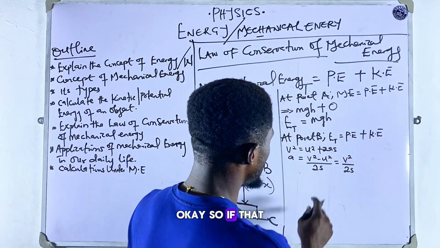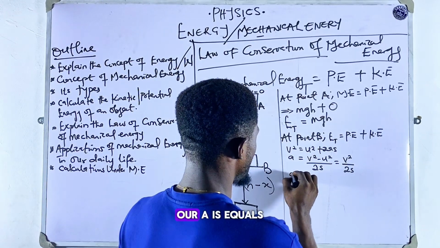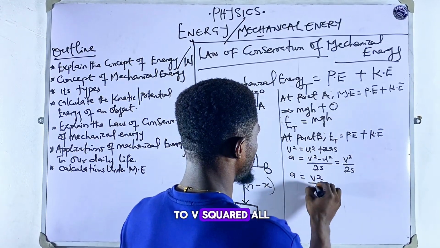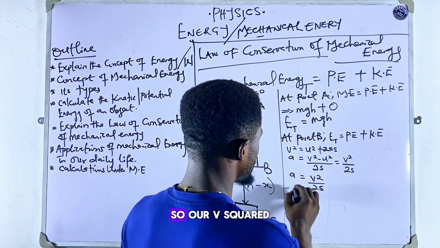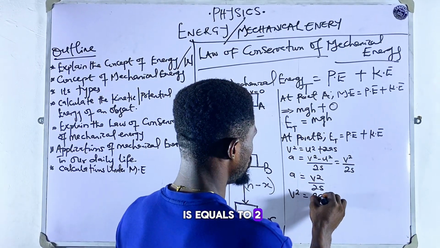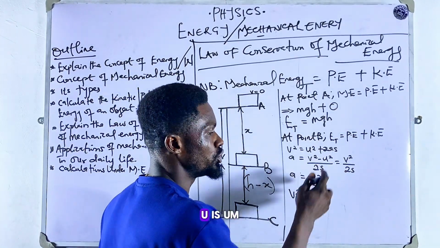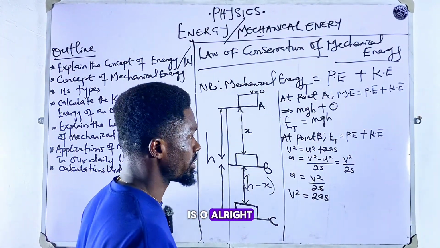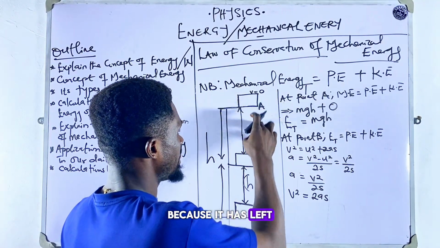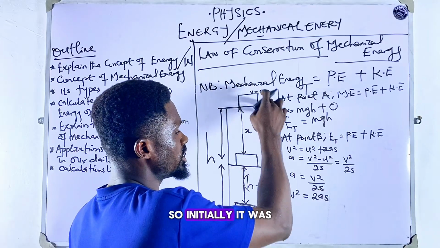Okay, so if that is the case, a is equal to v squared all over 2s. So v squared is equal to 2as, since our u is 0, because it has left from A to point B. So initially it was at rest.